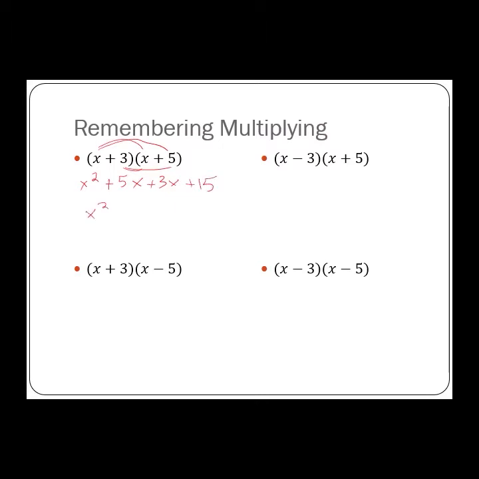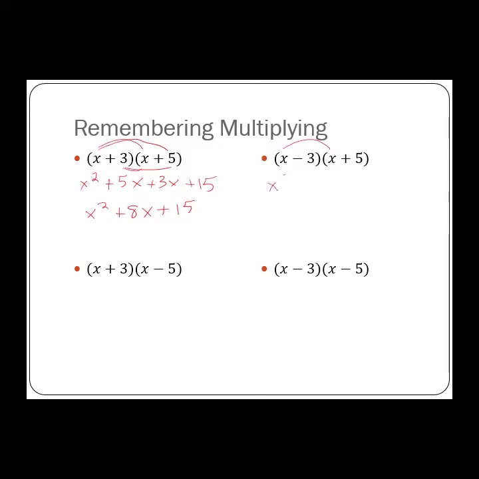So x squared plus 8x plus 15. So this polynomial, the one with factors of x plus 3 and x plus 5, turns out to be x squared plus 8x plus 15. So it's not a coincidence. The 8 in the middle comes from 3 plus 5, and the 15 on the end comes from 3 times 5.